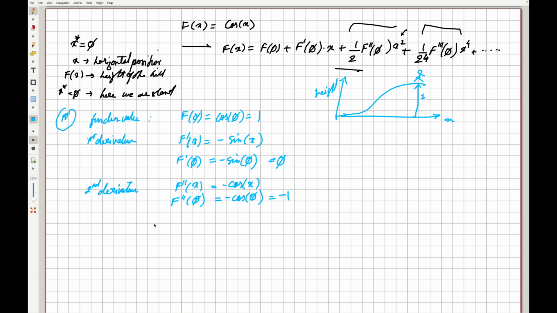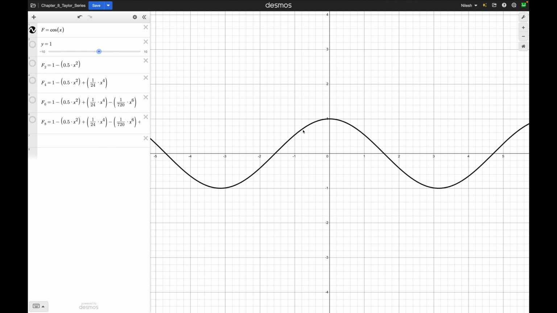This tells us that the curvature is negative, that the hill bends downward, and we can see that right here. On either side, if we go left or right from x is equal to 0, we start moving downwards.